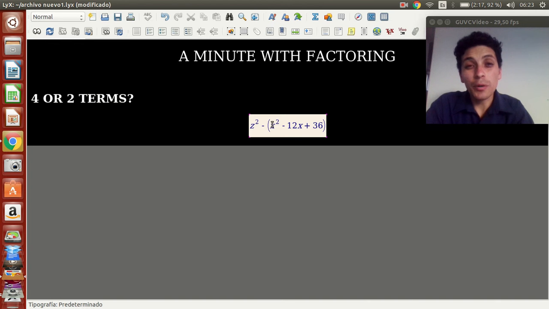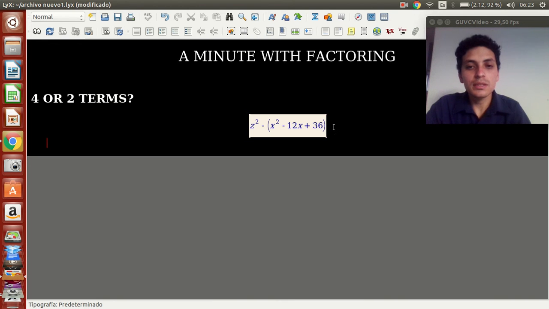special factoring formulas. So the first special factoring formula is the difference of squares. So we have to check if each term is a square. So z squared is a square, obviously. Now x squared minus 12x plus 36, is it a square?